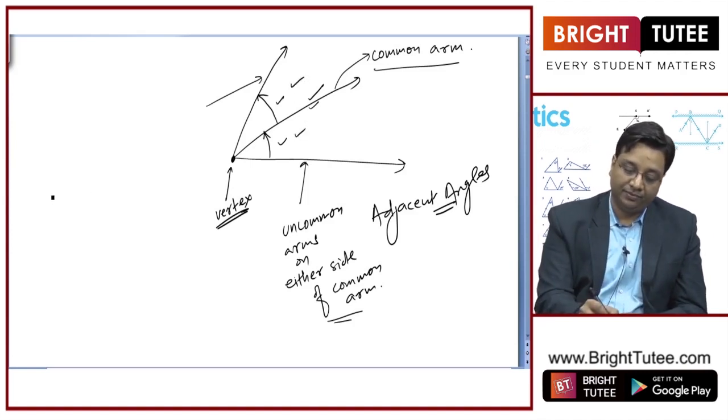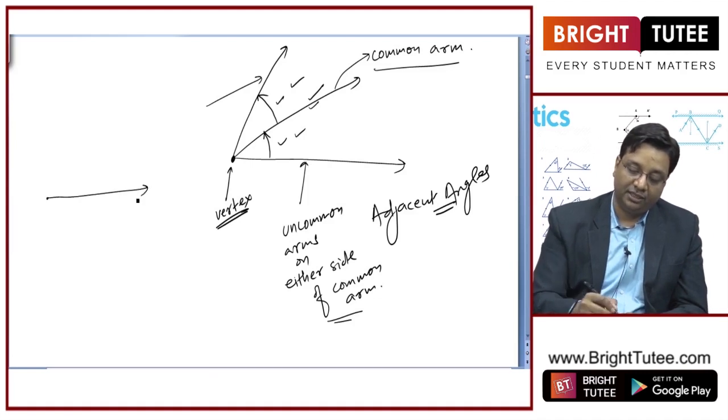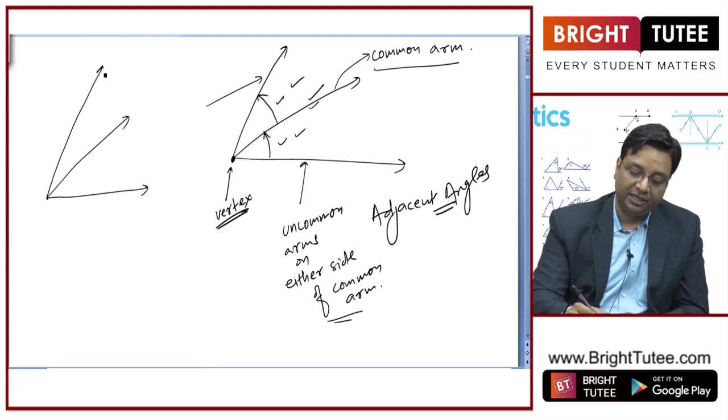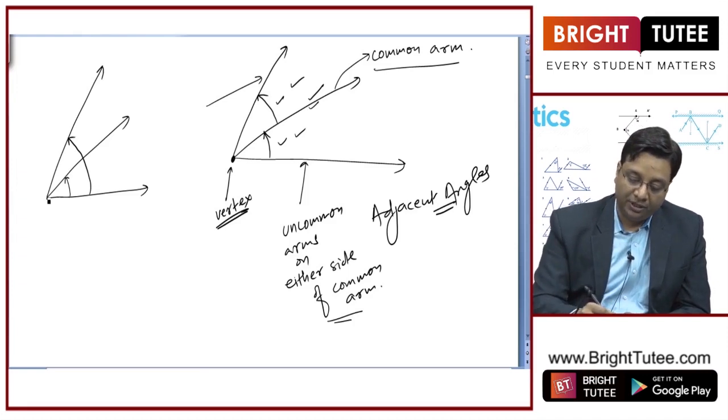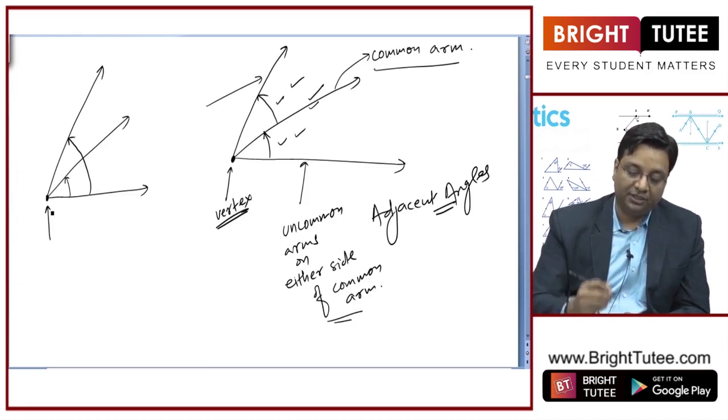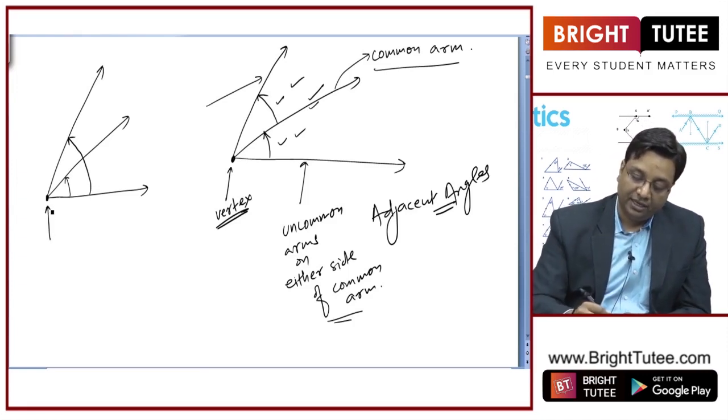Now if I ask you, let us say this is the point and this is one ray, this is another ray, and let's make this third ray. If you need to comment about these two angles, are these adjacent angles? Let us look at the properties. They have a common point which they are originating from, and they have a common arm, that is this one.